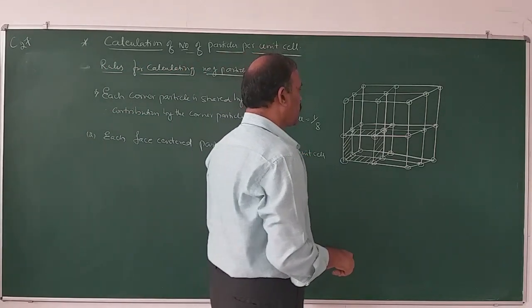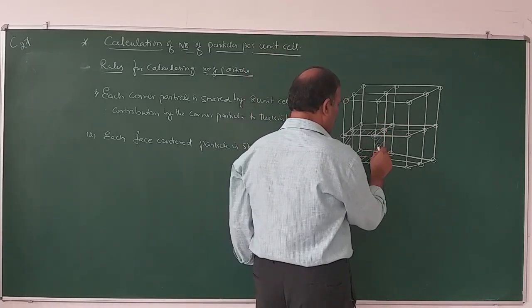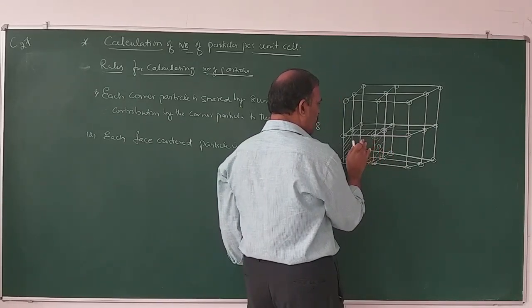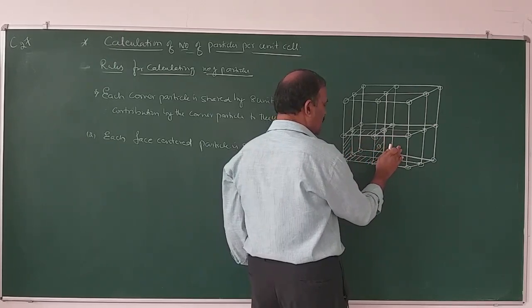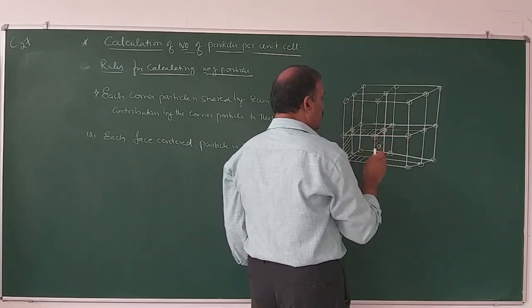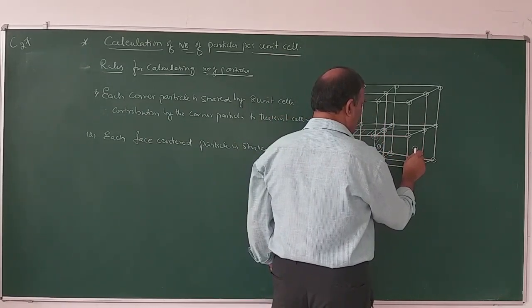Is shared by two unit cells. Say for example, suppose here is a face-centered particle. This face-centered particle is shared by this unit cell as well as this unit cell. Similarly, all other face-centered particles, suppose here is a face-centered particle.